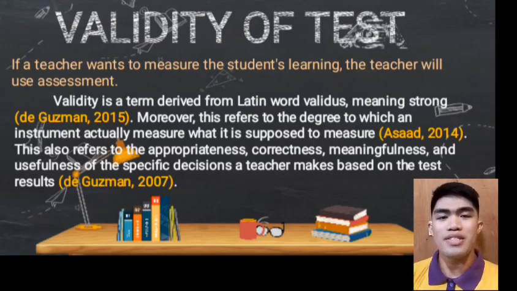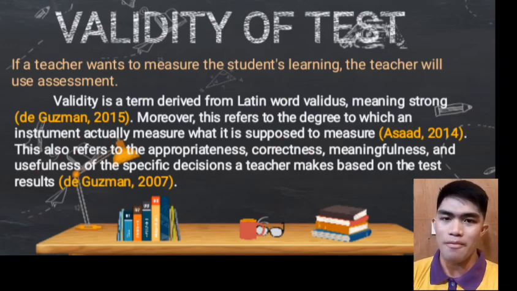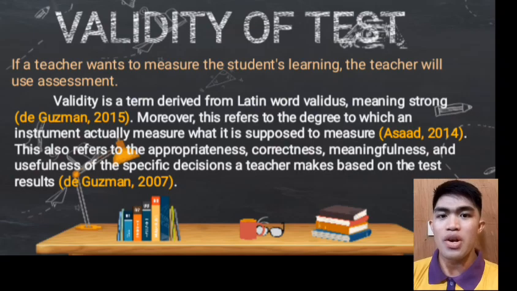This also refers to the appropriateness, correctness, meaningfulness, and usefulness of the specific decisions a teacher makes based on the test result. That's according to De Guzman 2007. Is the tool being used appropriate to measure what it is supposed to measure? Yes, it is. So I therefore conclude that it is valid.